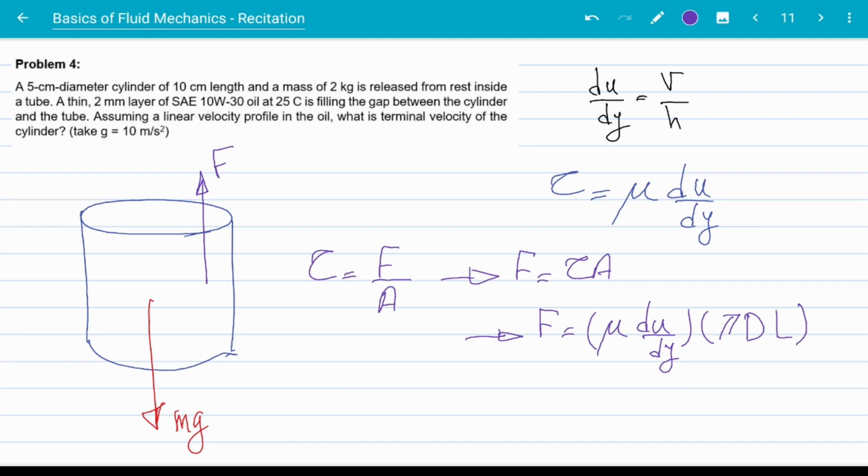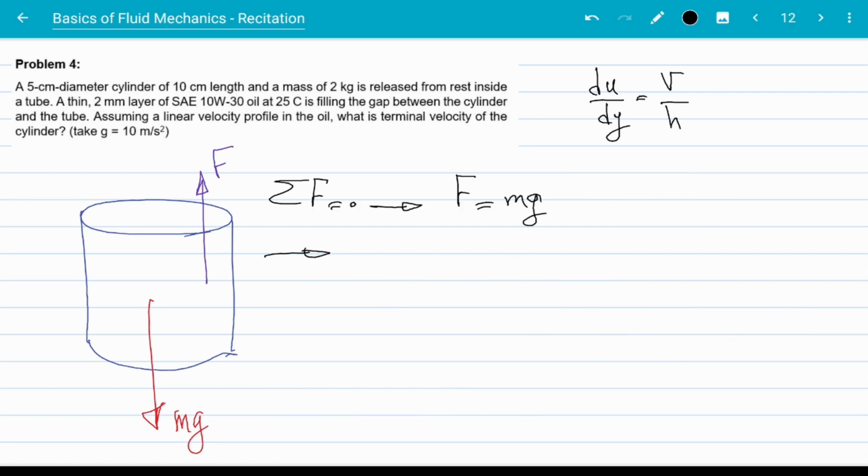So I found F. Now I can write down the equilibrium for the forces in the direction of the motion. So the forces are in equilibrium. That means sigma F is 0. That means F is equal to mg. Let's play with this equation now.